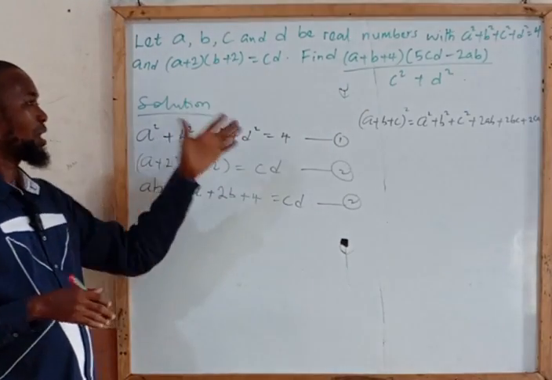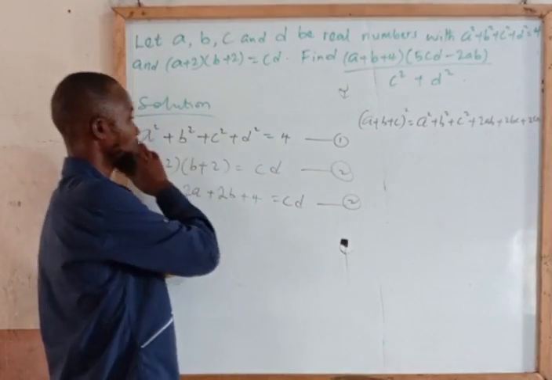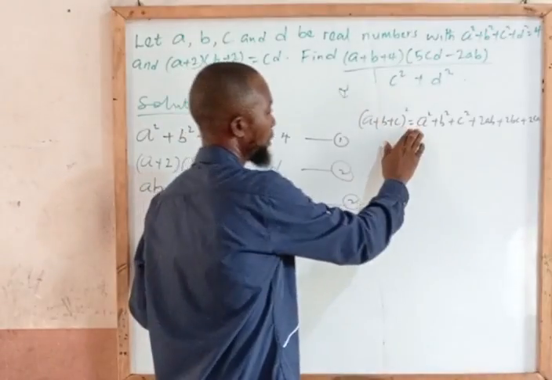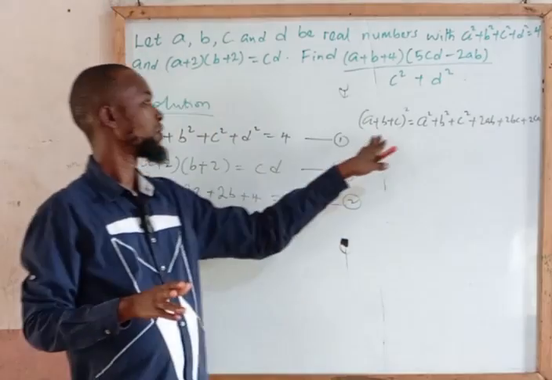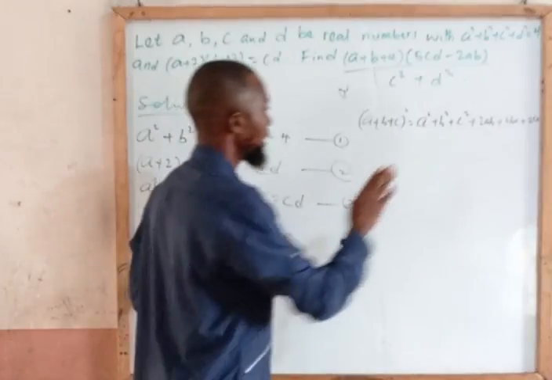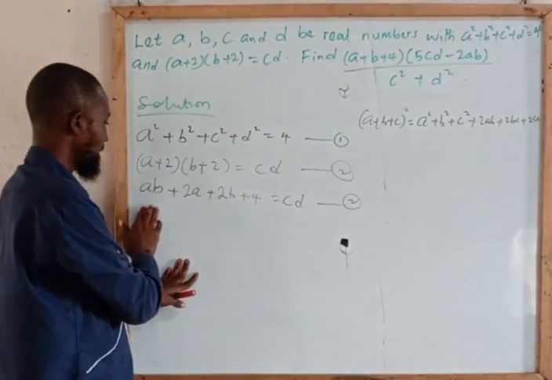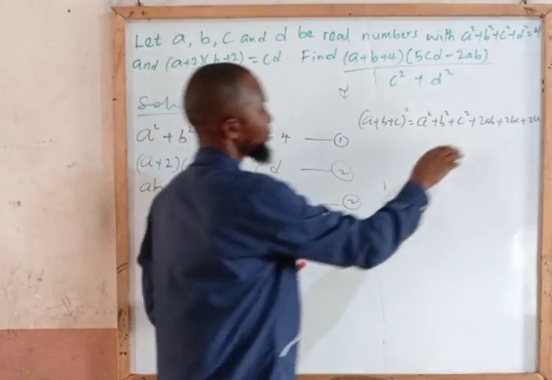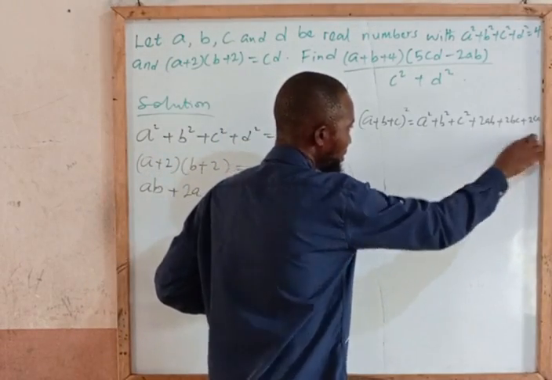The next thing is that we can see the first part of my equation resembles this square part of this identity. The issue I have now is that, in order for me to use this identity, my equation 2 must resemble this thing, must be of this relationship.